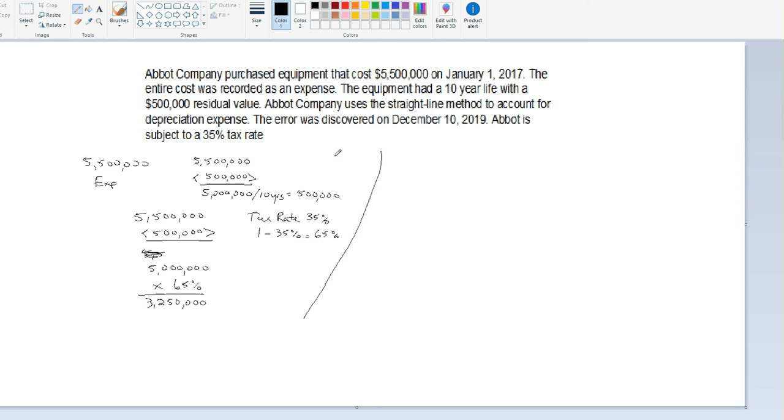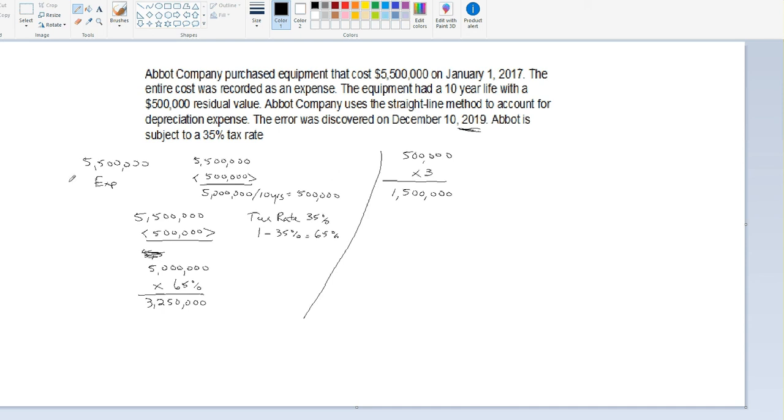Well, we have to look at what we will record at December 31st, 2019. We take our depreciation, and we know that 2017, 2018, and 2019, so 3 years have gone by. So we have $1.5 million in depreciation expense that they should have expensed.